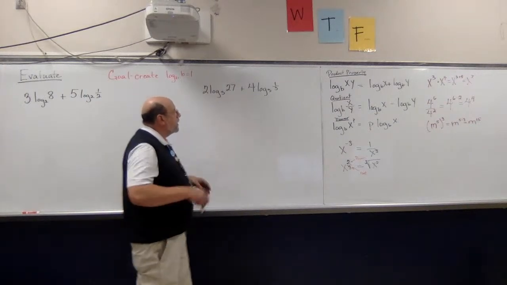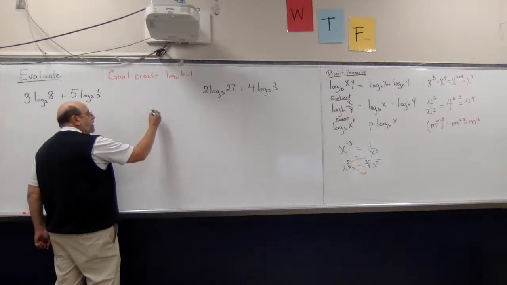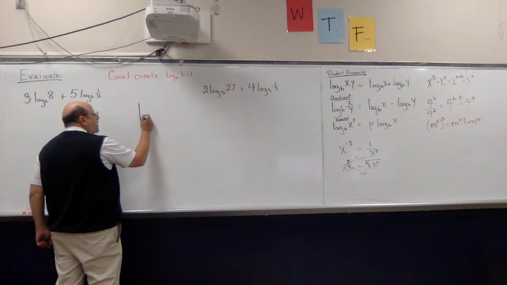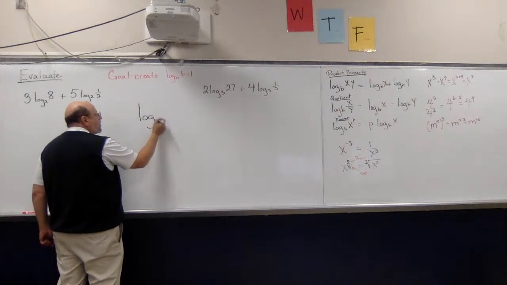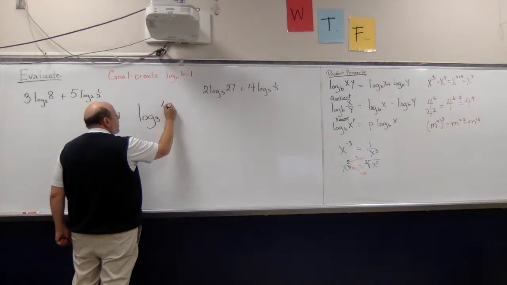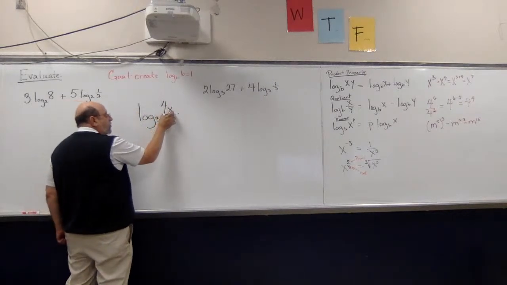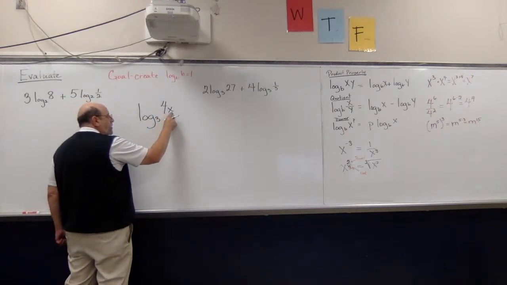There you go. Now, I want to do something real quick and show you how simple this can be. Show you one quick little logarithm here. Let's say, what if we have log base 3 of 4x. Okay, this is multiplication, right? 4 times x.